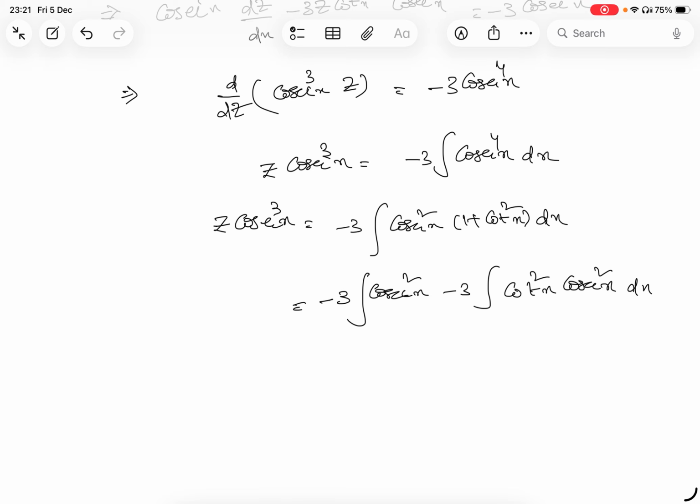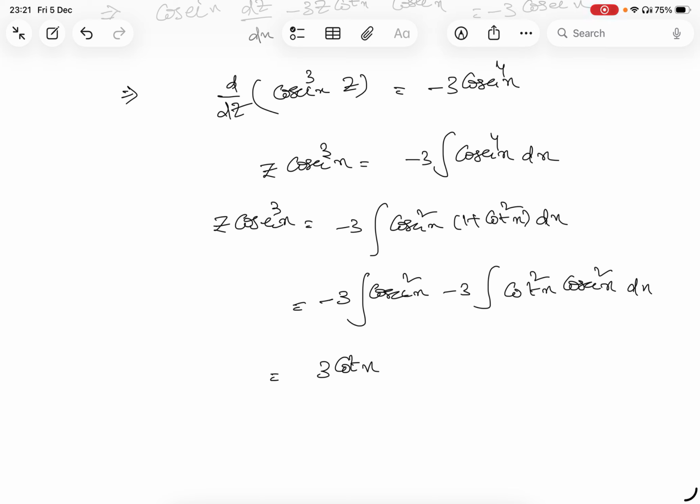Right? Then this becomes, the integral of cosecant square x is minus cot x, right? As the differentiation of cot x is minus cosecant square x. Then this becomes 3 cot x, right?